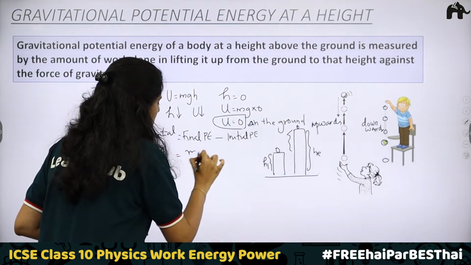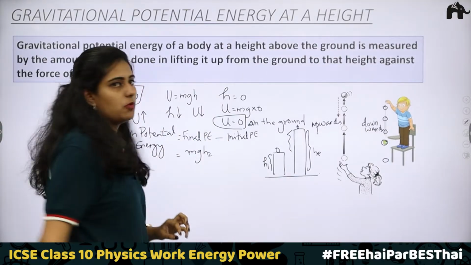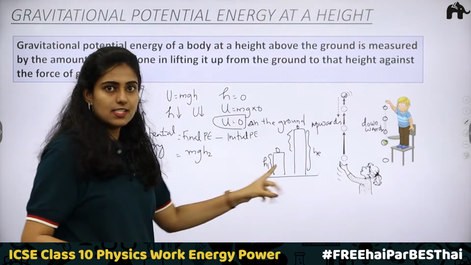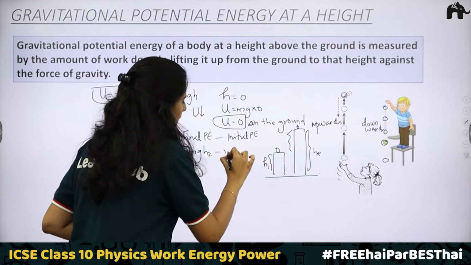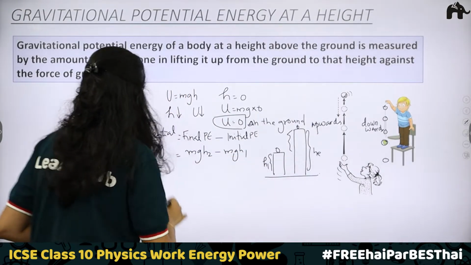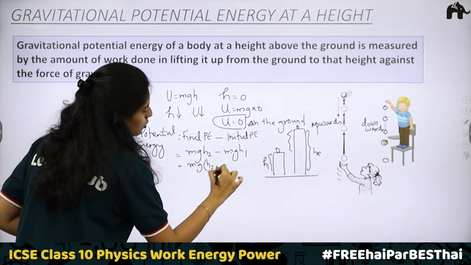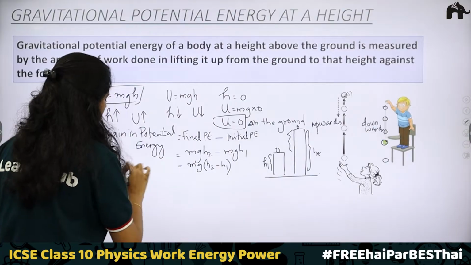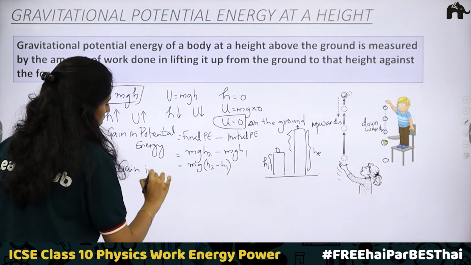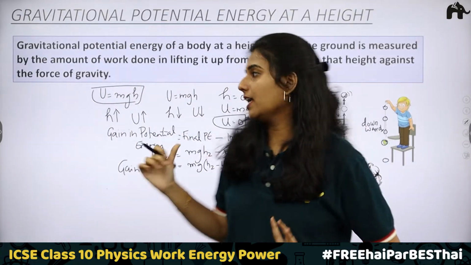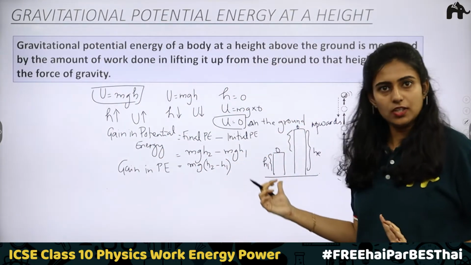Therefore, mgh2 is the final potential energy. What about initial potential energy? It depends on the initial height, which is h1, so mgh1. Taking common outside, mg is common, then h2 minus h1. So the gain in potential energy will be equal to mg into (h2 minus h1). Understood?